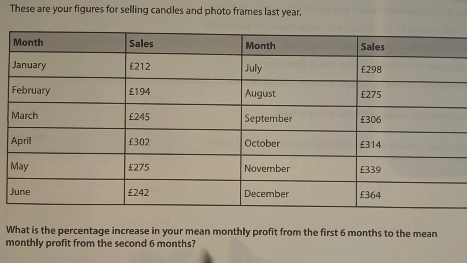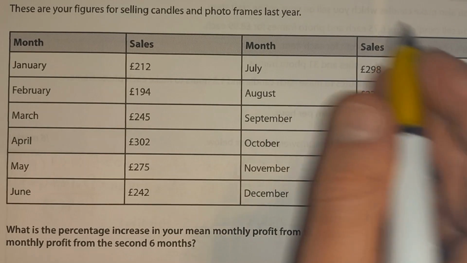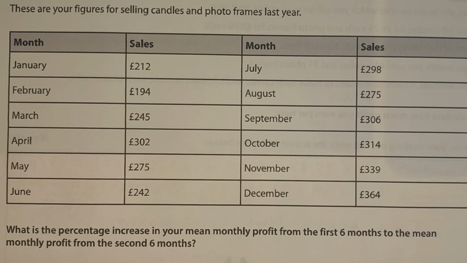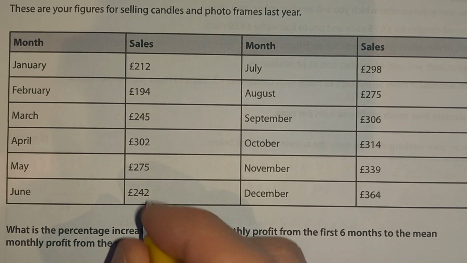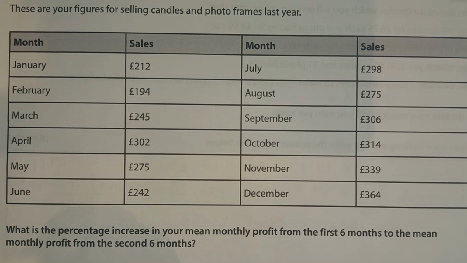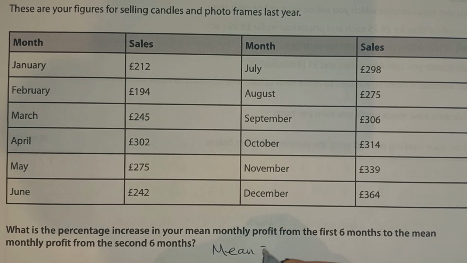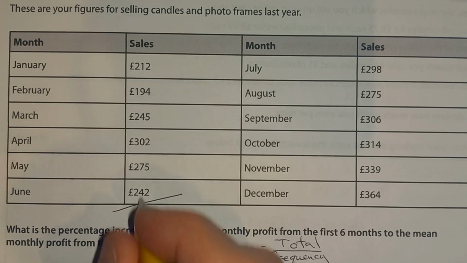Right, so we've got first 6 months, second 6 months. We want the mean monthly profit and then work out the percentage increase. So for the mean, remember we said mean equals the total divided by the frequency. So we want to add all of these up.